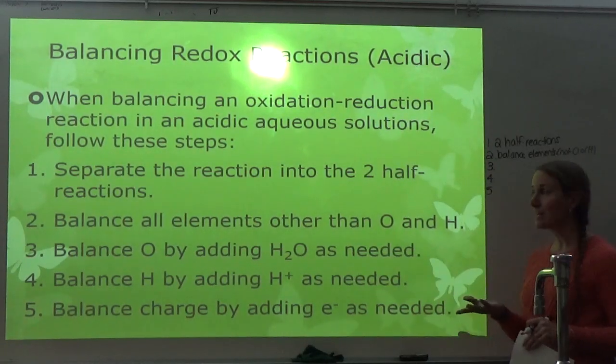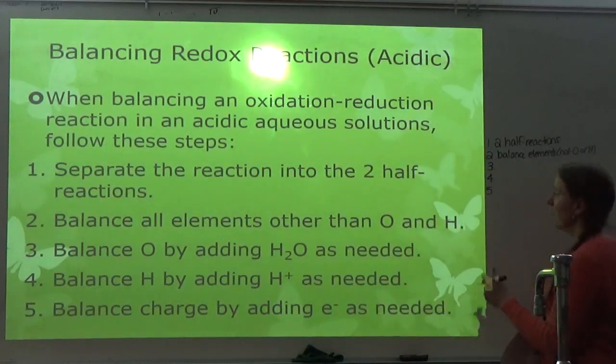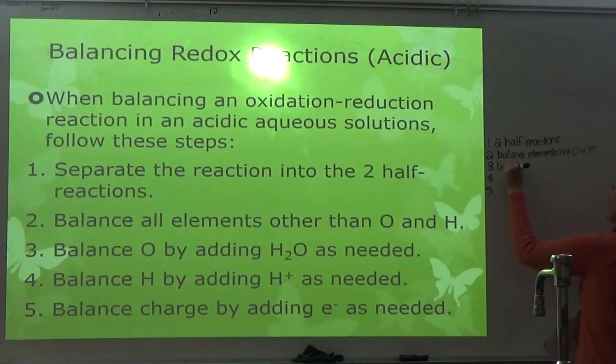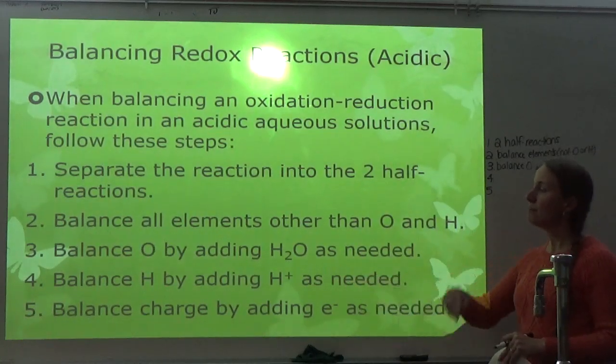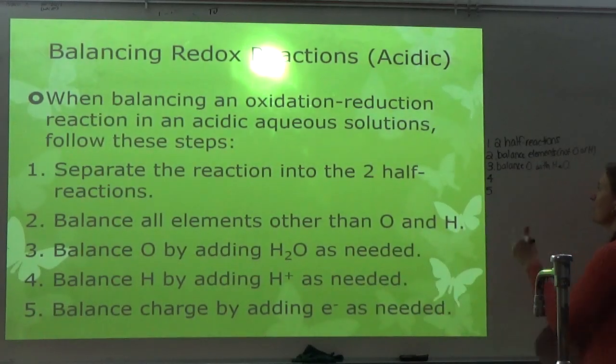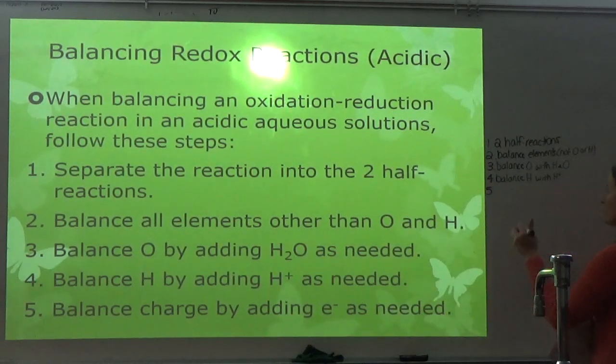Next, we are going to balance O, but we're going to do it by adding water as needed. So balance O with water. If I can't balance it any other way, I'll have to add some water. Then we balance H by adding H+ as needed, because of course it's an acidic solution. And then balance the charge by adding electrons.